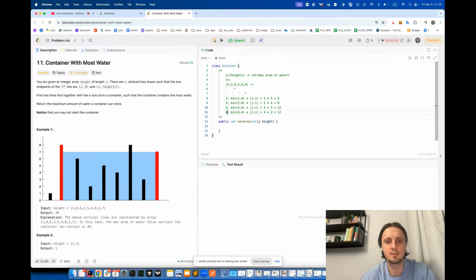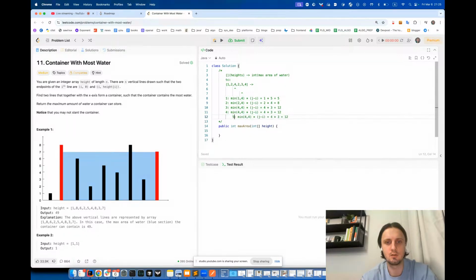Then we move once again. If we move 2, but we also can move 4, here I think it's interesting which one should we move if they are equal. We can, for example, move here.